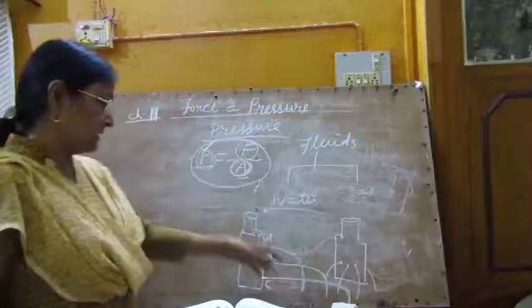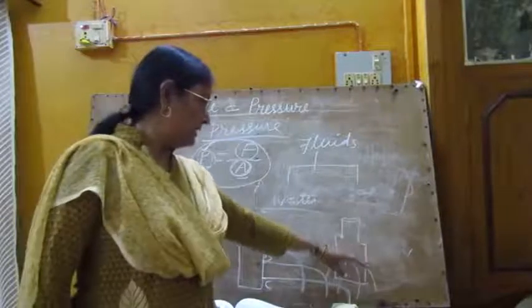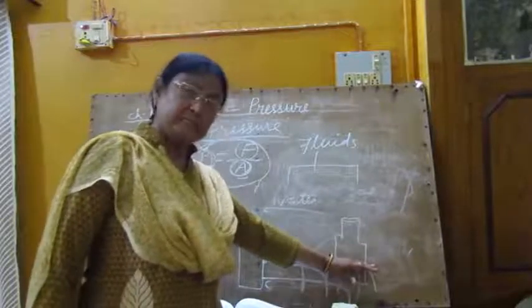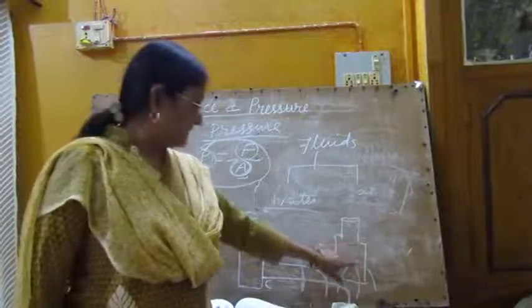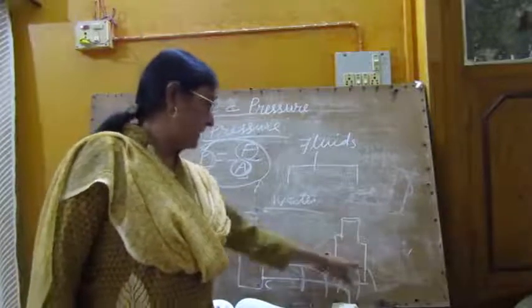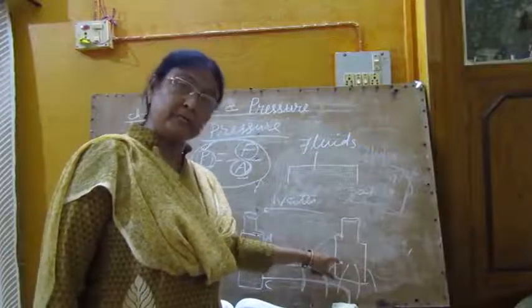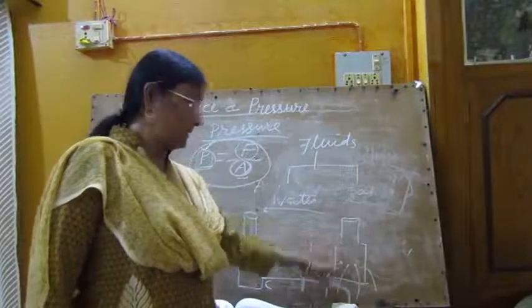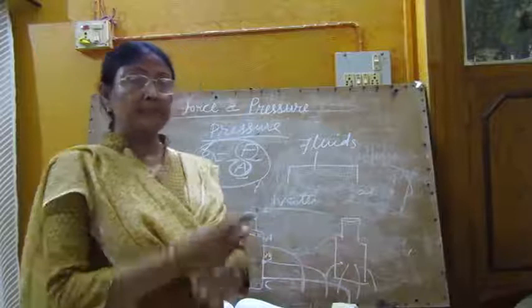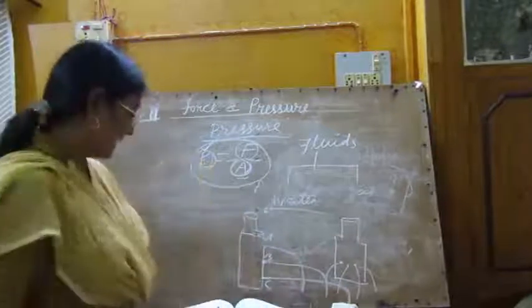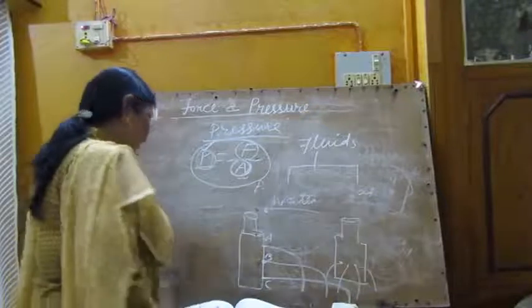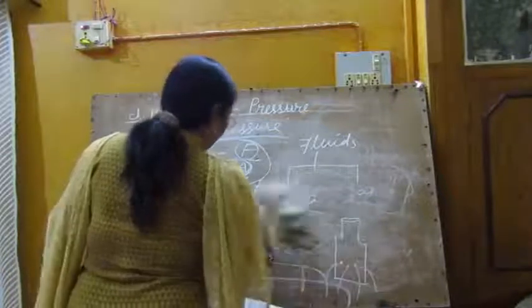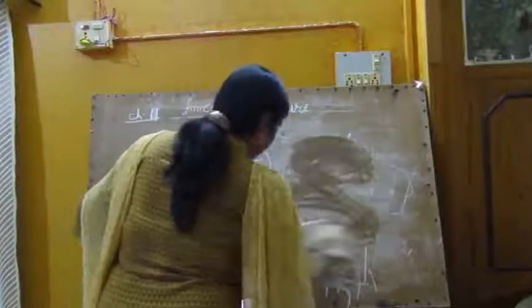Why? Because at a fixed depth the pressure is the same in all directions. But if I increase or decrease the depth, then the pressure will increase or decrease as per the level of the water.